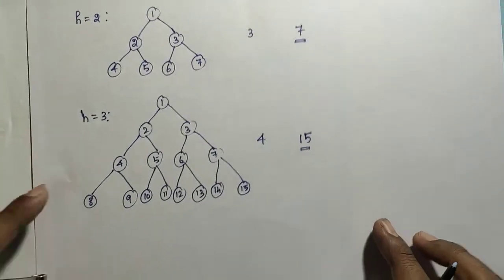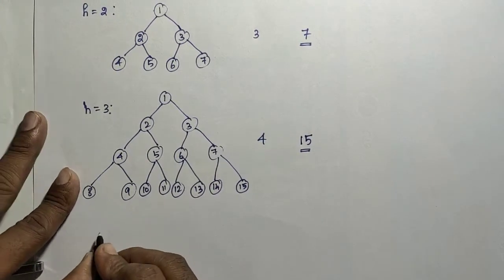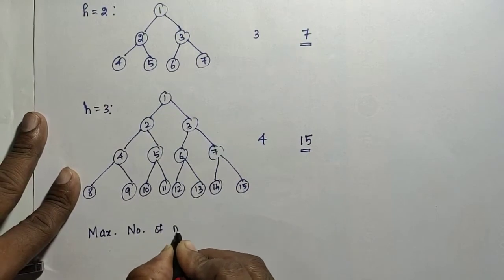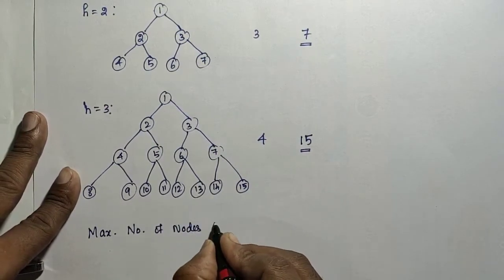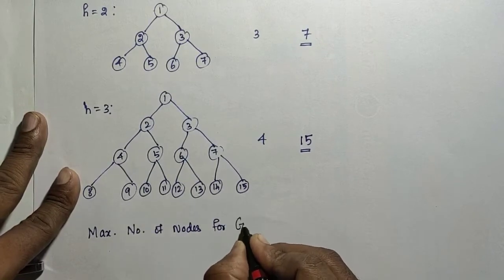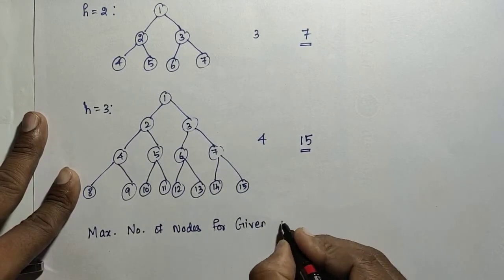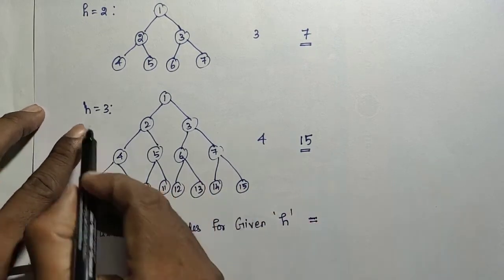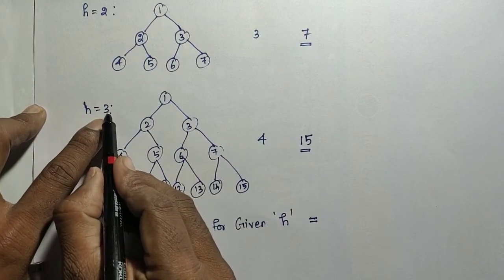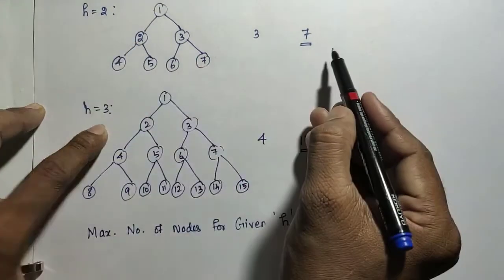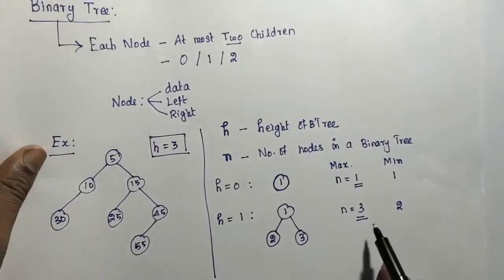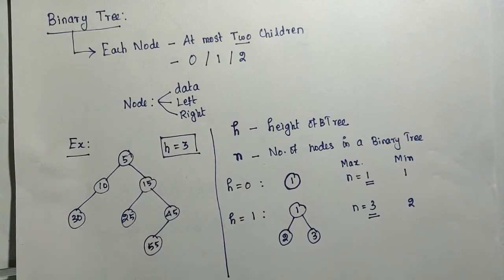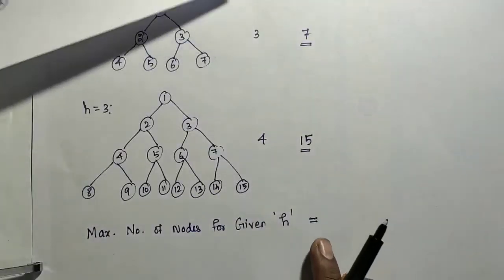So we can define the maximum number of nodes for given h equal to, this is nothing but 3 and 15 and 2 and 7, 1 and 3, 0 and 1. Can you define this number?